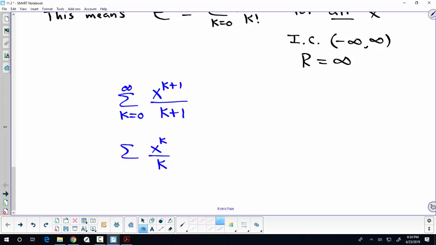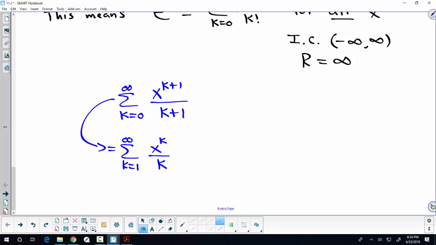So this thing is this thing. Really, I think it's just a matter of neatness. If you wrote this series or this series, either one is correct. They're both the same.